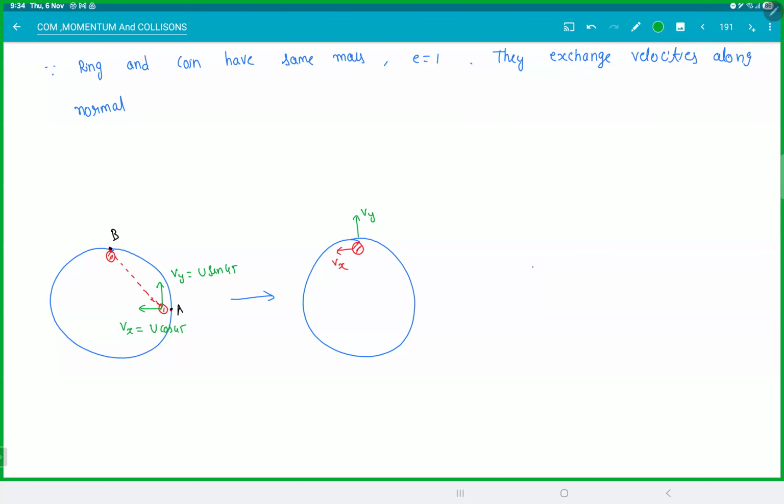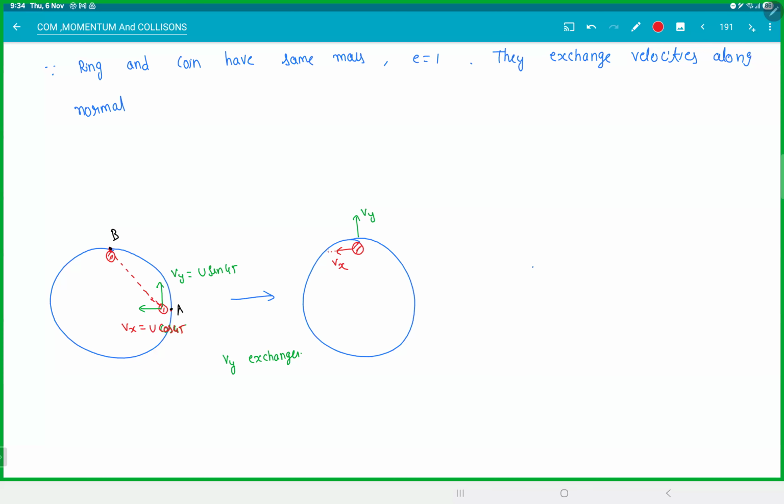You're getting it? Vy will get exchanged. I'll change the colors for this also. There. So the coin will go horizontally and the ring will go vertically.